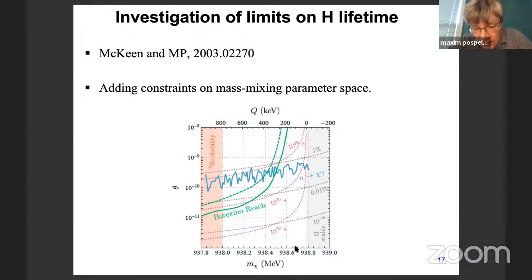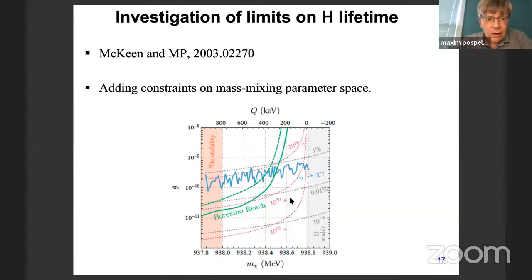You can see that this particle is very much degenerate with the neutron, but the neutron can still decay to that particle and a gamma. Here are the constraints from the nuclear experiment looking for the neutron decays that I just mentioned. And here is the new constraint that we can impose using the Borexino results. Over here, there is a deterioration of the constraint because the lowest part of the Borexino spectrum is covered by a very large carbon-14 background, as is well known.